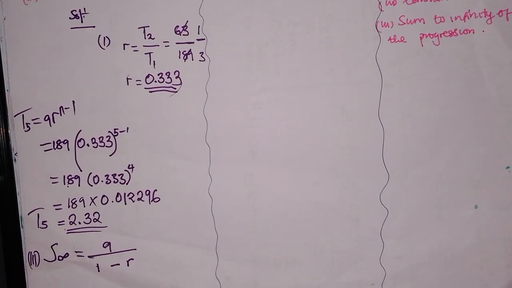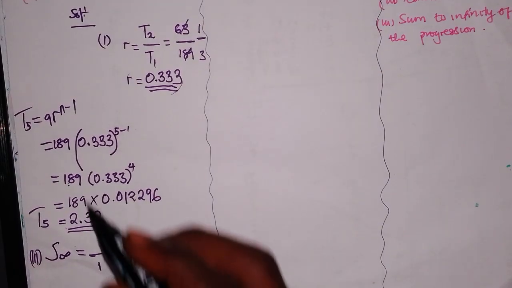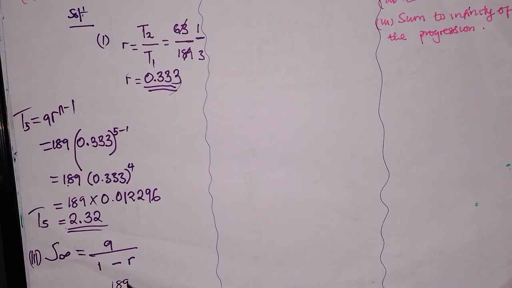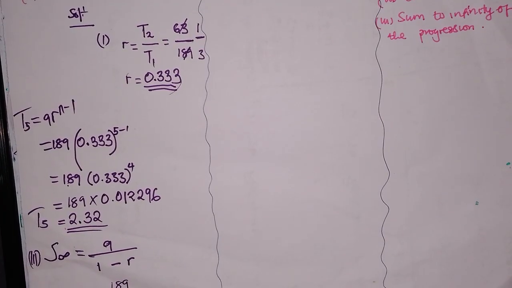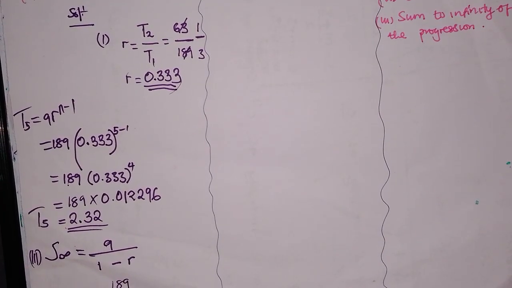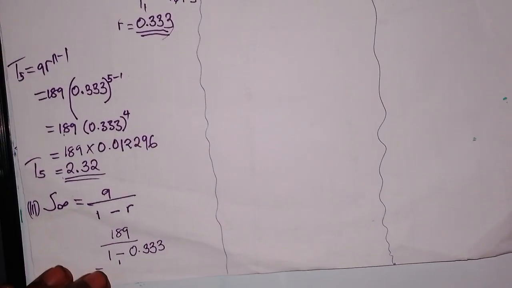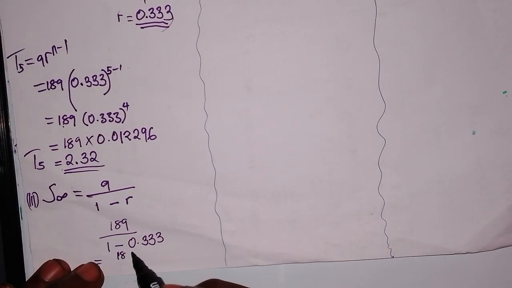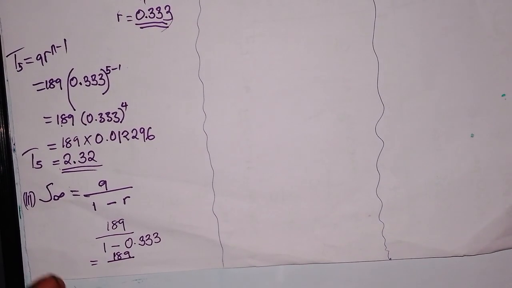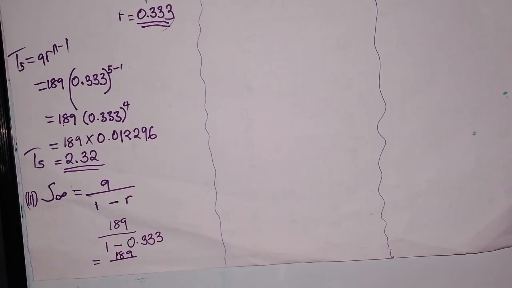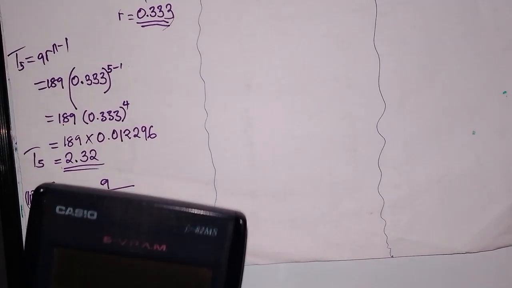So always remember. Then our first term is 189, over 1 minus our common ratio, which is 0.333. So you have 189 divided by 1 minus 0.33.